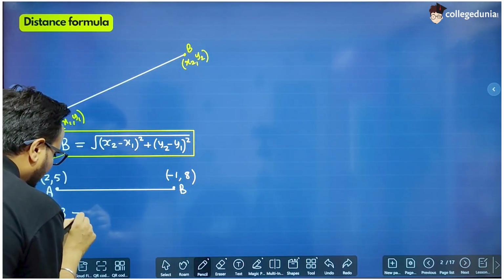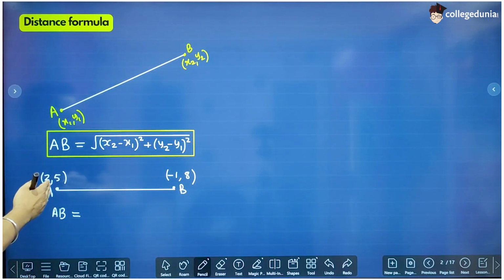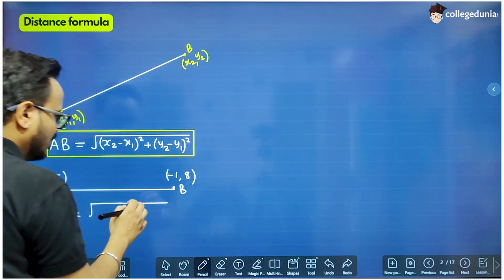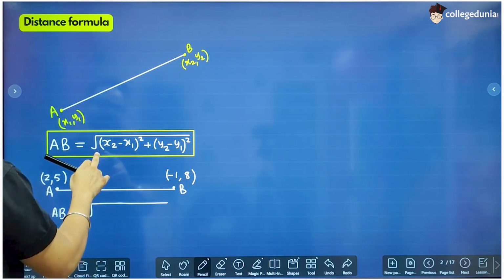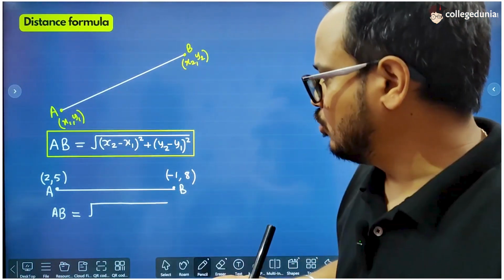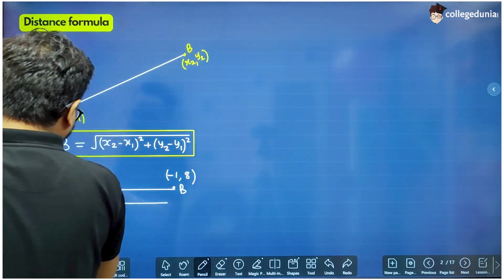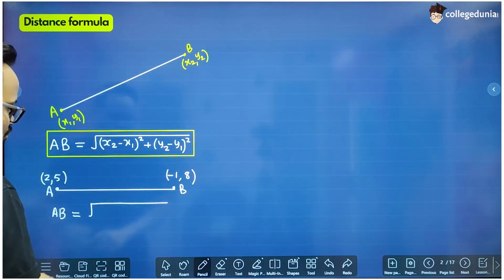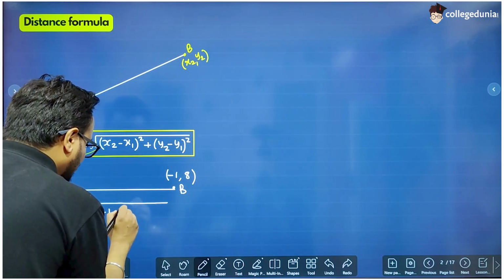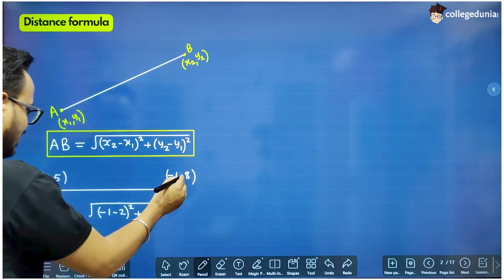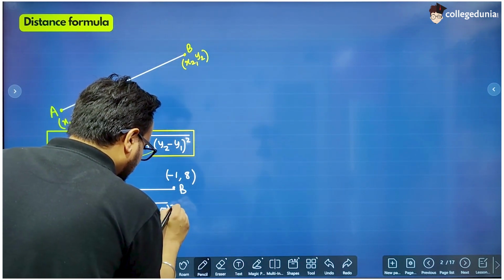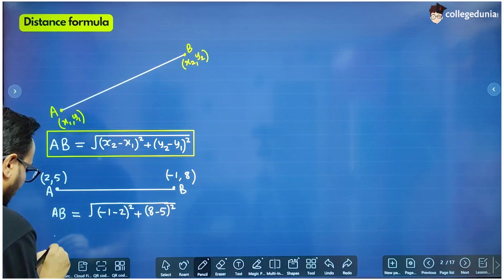Now if you take this as x1, y1 and this as x2, y2, what is the distance that you are going to get? So formula says that distance is under root x2 minus x1 whole square plus y2 minus y1 whole square. So it is minus 1 minus 2 whole square plus 8 minus 5 whole square.